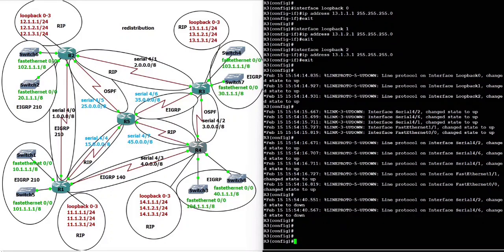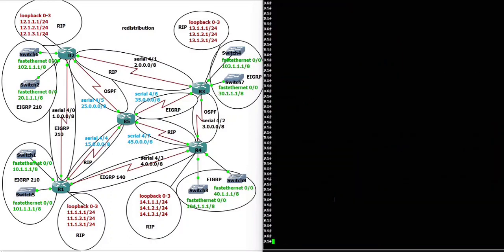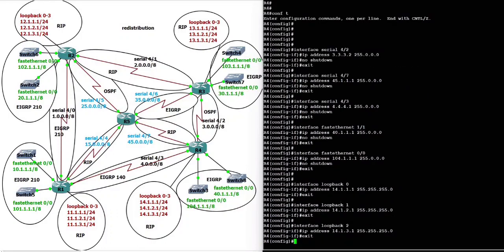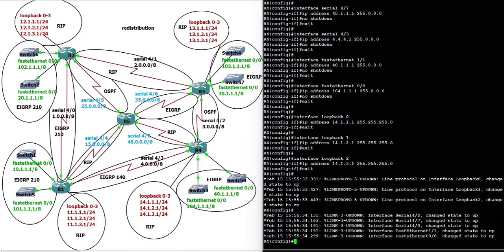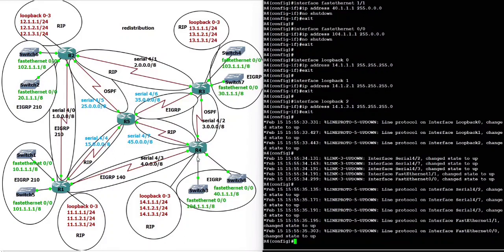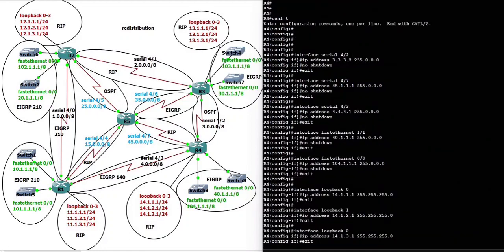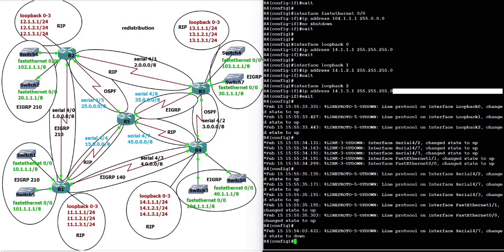Now on router 4, you can see on router 4 here also we have 3 serial interfaces, 2 fast Ethernet, and 3 loopbacks. 4/2 is connected with router 3, 4/7 is connected with router 5, 4/3 is connected with router 1, fastnet 1/1 and 0/0 is connected with switches, and here we have 3 loopback addresses.